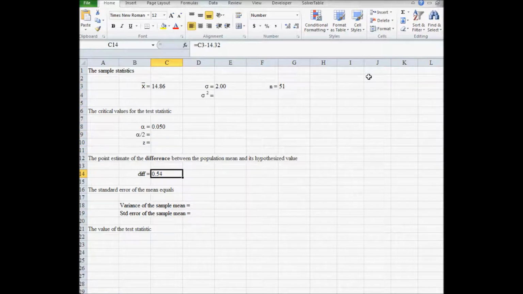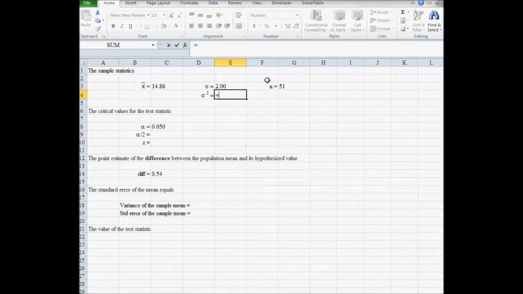Down here, we computed the difference between the point estimate of the population mean for 2003 and its hypothesized value, which is 0.54. The variance of the variable is the square of the population standard deviation.